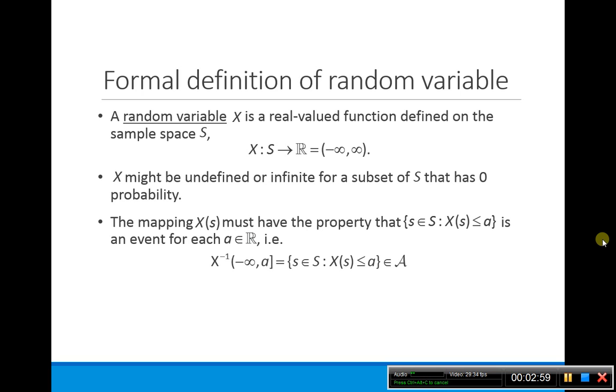And moreover, the mapping has the property that for any real number A on the number line, if you look at the inverse mapping of negative infinity up to A, the inverse mapping gives the events, the sample points in S, that give me a real number that is less than or equal to A. This is our subset of script A. Remember, this is in our probability model.